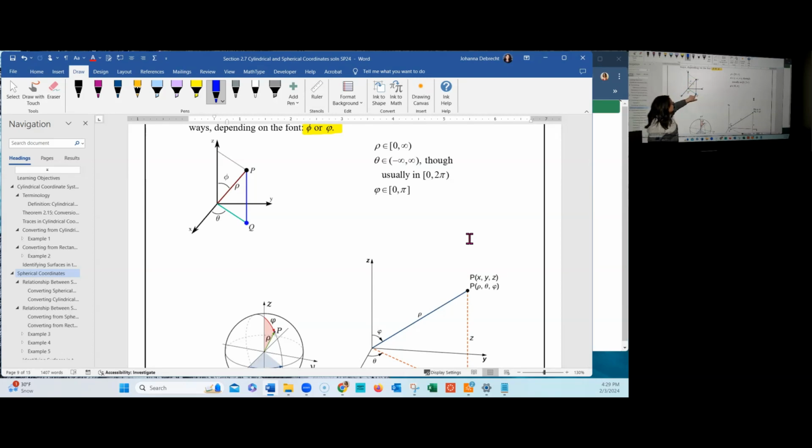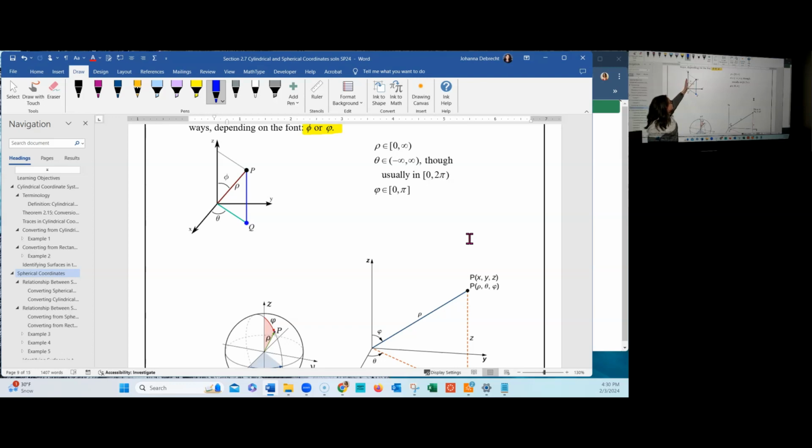And this is the point Q. So Q is directly under P. So my flashlight is shining down, pointing towards the negative Z axis, parallel to Z. Theta is measured from the positive X axis to the projection of the point in the plane, to Q. R, of course, would go from the origin out to the point Q, but rho goes from the origin to the point P in three-dimensional space, and that's the one I use.